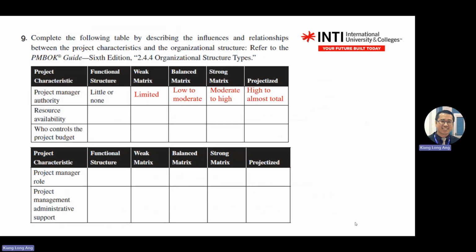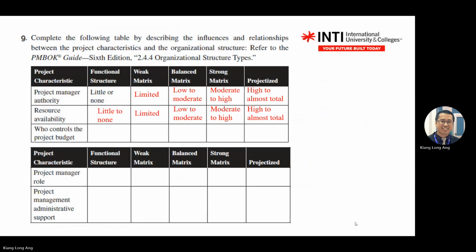So that is based on the project manager's authority. Resource availability, what do you think? For functional, it will be little, same as above. As you move towards projectized, your resources will be high. Who controls the project budget? This is about position, so back to our main characters in our story. Who controls the project budget in functional?